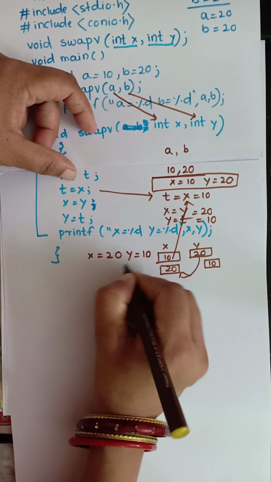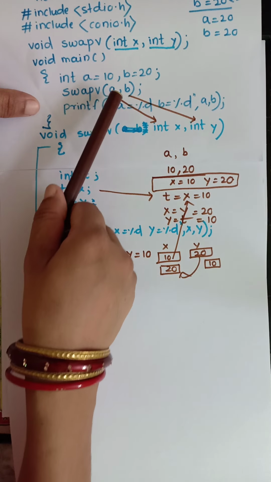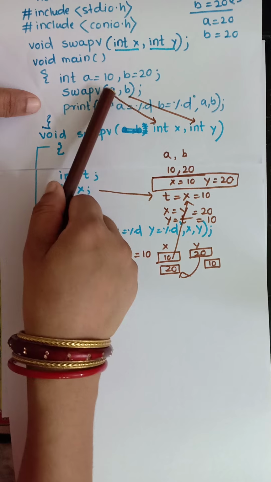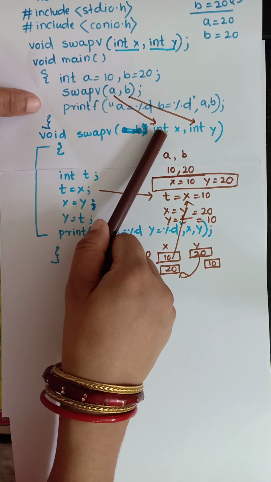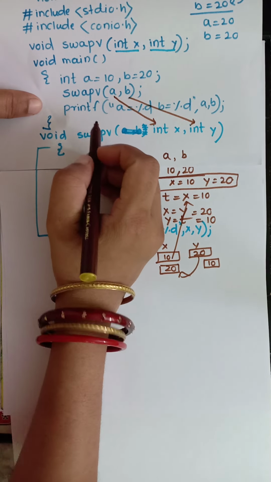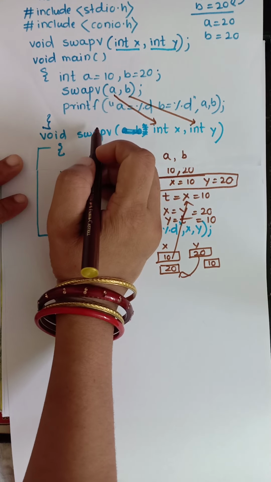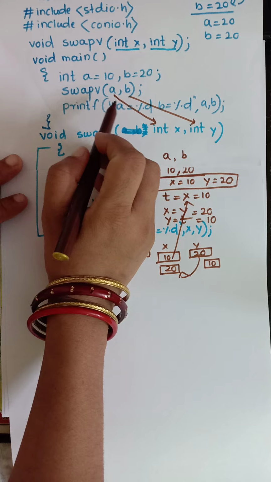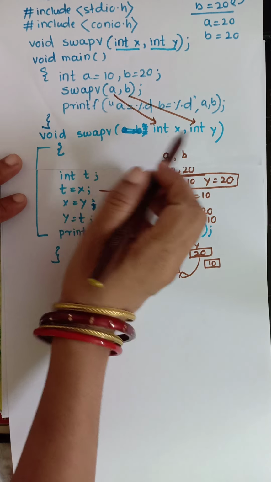So now the values are interchanged. So in call by value, we pass the values from the actual argument to the formal argument. Here we copy the actual argument value to the formal argument.